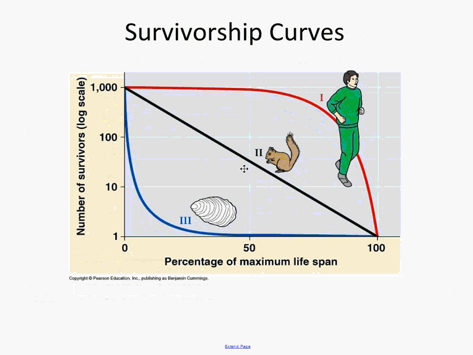Survivorship curves are often used to show a species' survival based on the max lifespan of that species. And so species will typically demonstrate one of three curves. We are considered a type 1 species in that the percentage of individuals living to their max lifespan in our species is relatively high.